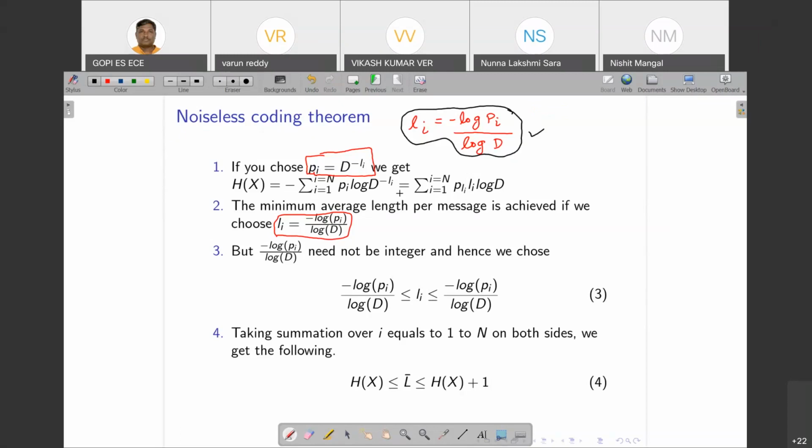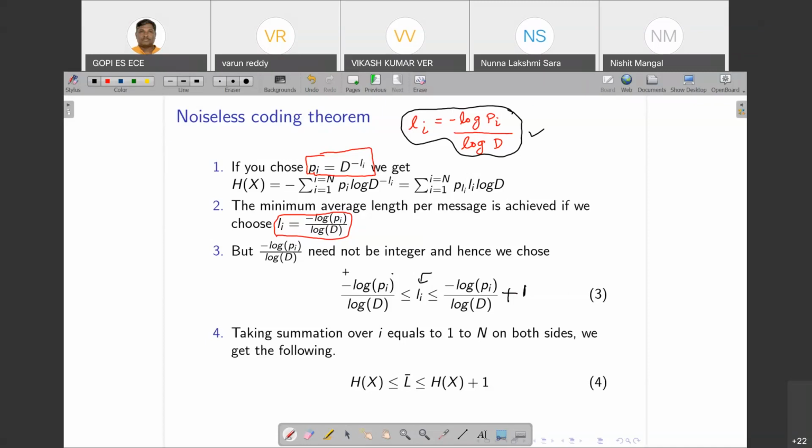Of course, that's what I said here. Your Li should range between minus log pi by log D and minus log pi by log D plus 1. Here, please change that, plus 1 is missing. So take the product and the summation with pi.